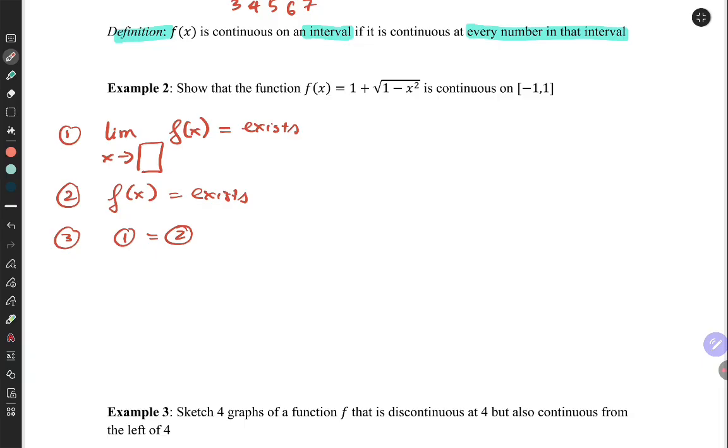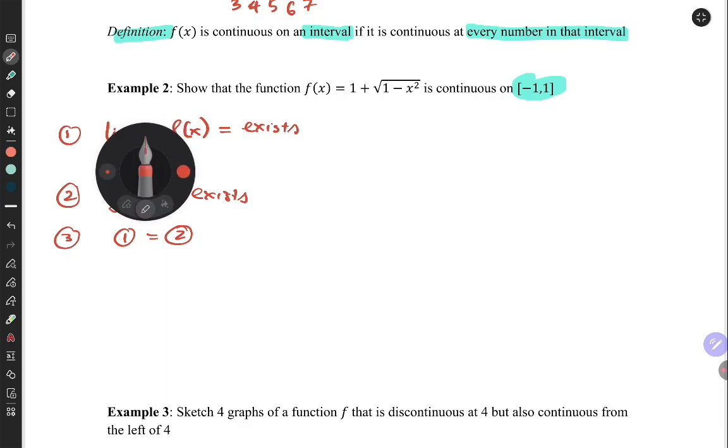Unlike the first one, which is at one point, this time we're dealing with a whole interval. In the first example, we approach 3, so we say the limit when x approaches 3. When we analyzed 7, we put 7. This time, it's a whole interval. We don't know which number is approached.